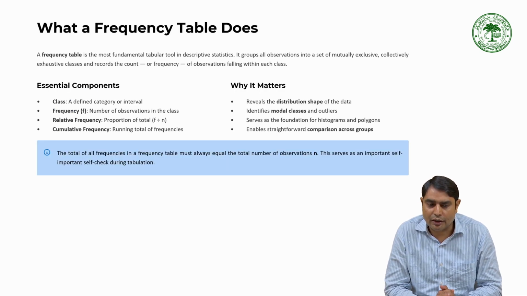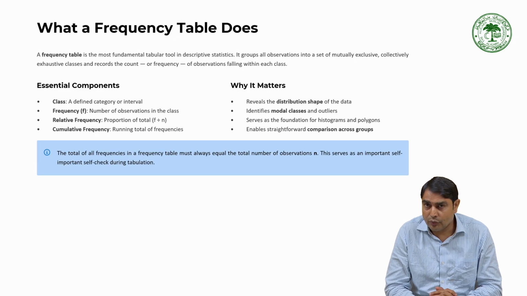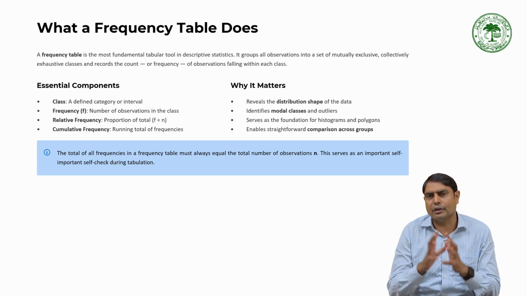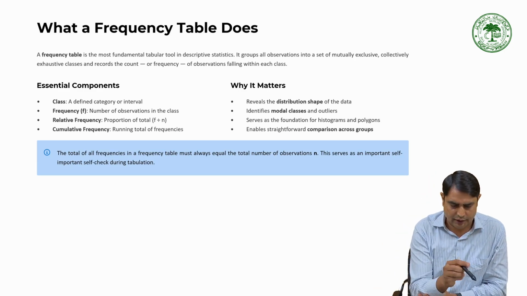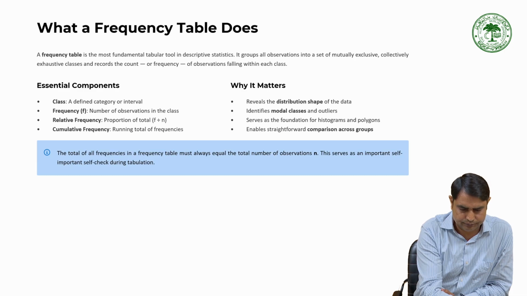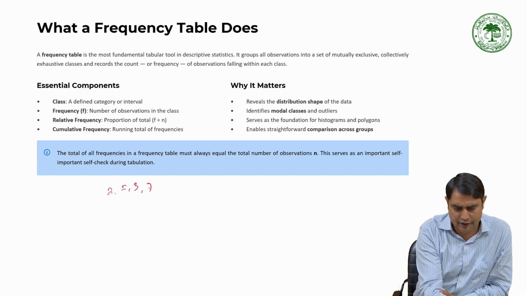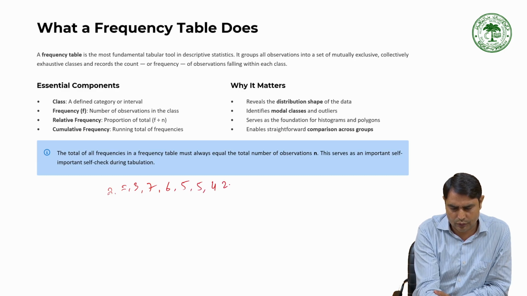Coming to the next part, which is frequency. So what is frequency? Say, for example, I have numbers like 2, 3, 7, 6, 5, 4, 2, 8, 6, 3, 4.